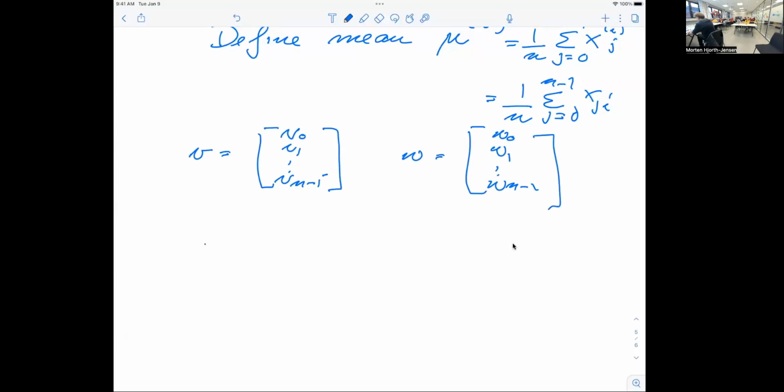Sometimes you will see a symbol like this. It's not the tensor product, but it's meant as a Hadamard multiplication. So that means we're taking element-wise products, V0 times W0, V1 times W1, etc.